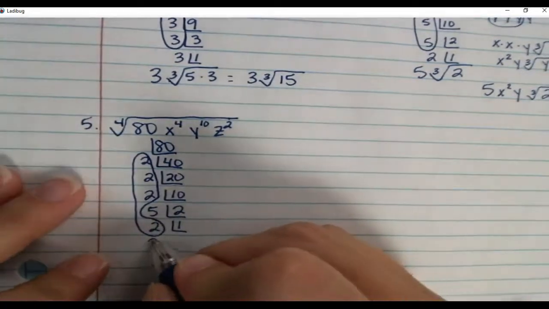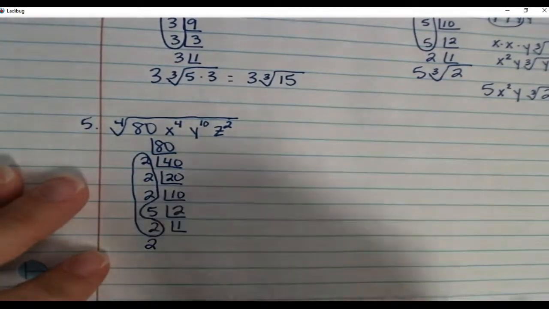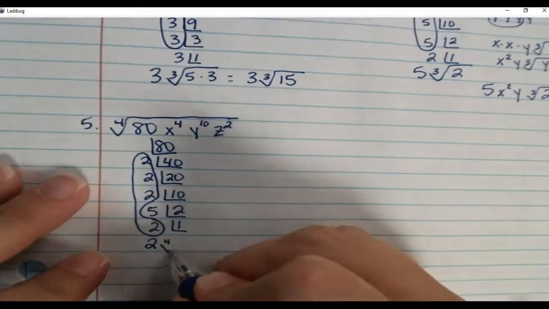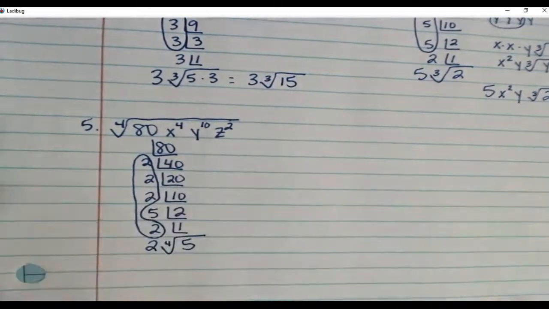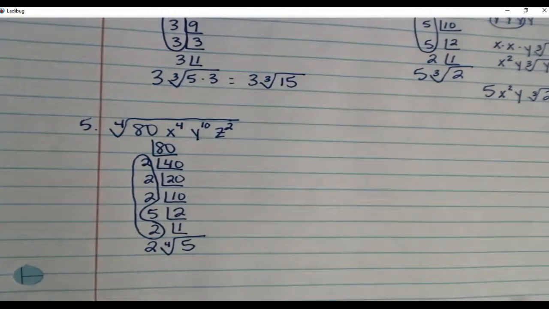So then that brings out a 2, but then we still have that little 5 in there all by itself. Whichever ones you have 4 of a kind, it just happens to be the first one, but it doesn't have to be.